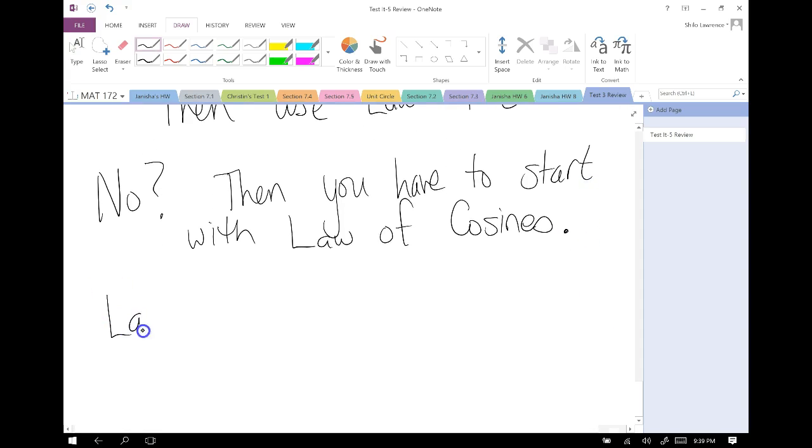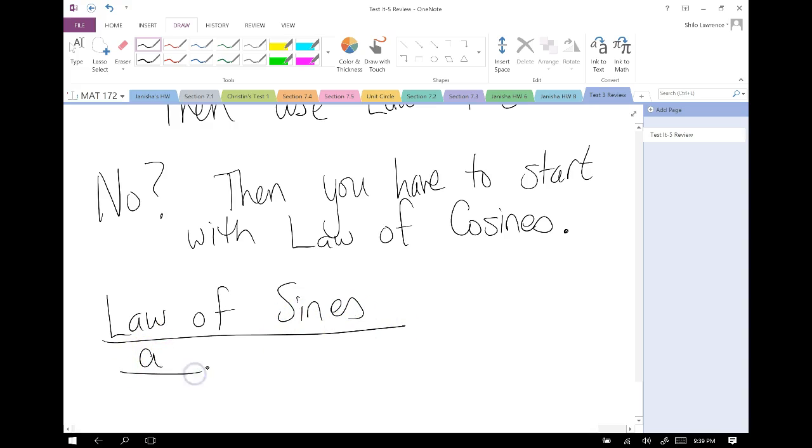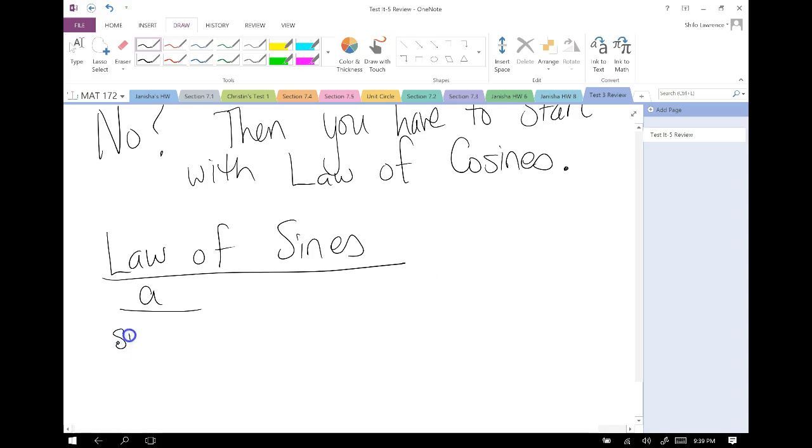So law of sines says that you can set up a fraction between a side length and the sine value of its corresponding angle, and it's going to be the same no matter which pair you do. Now, it works for all 3 of them, but we don't ever set it up with all 3. We only set it up with 2 of them.